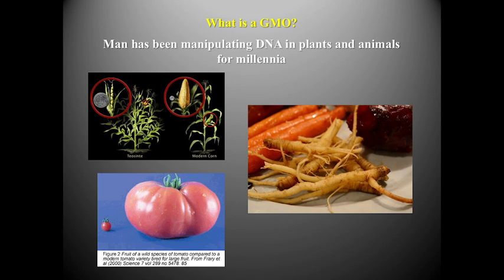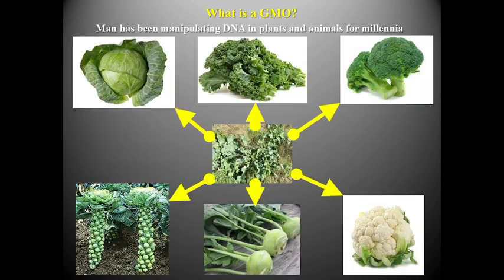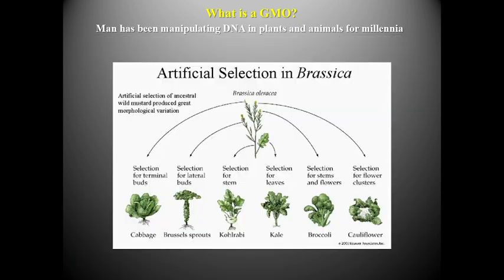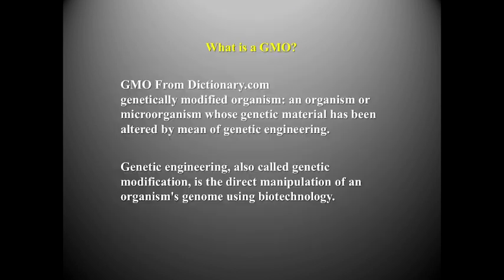Man is manipulating the DNA and RNA of corn, tomato, and all these things to increase the yield. Have you ever seen blue flowers or cauliflowers? These are also genetically modified. Artificial selection of this kind is also there.